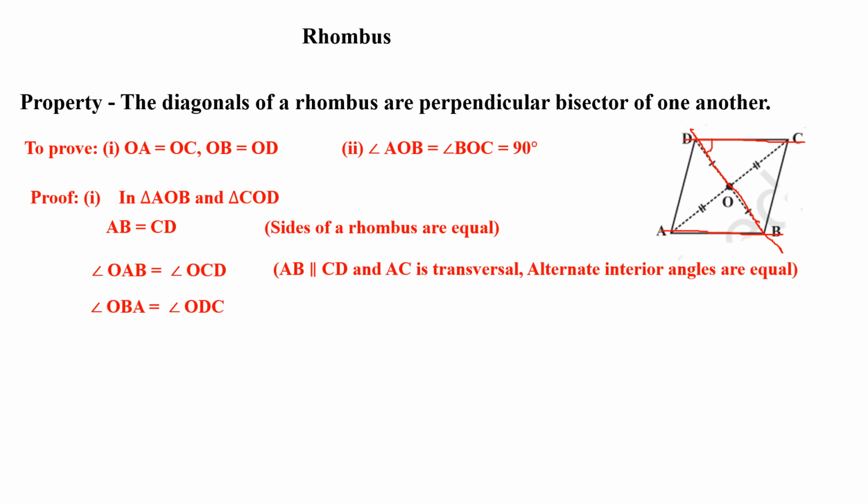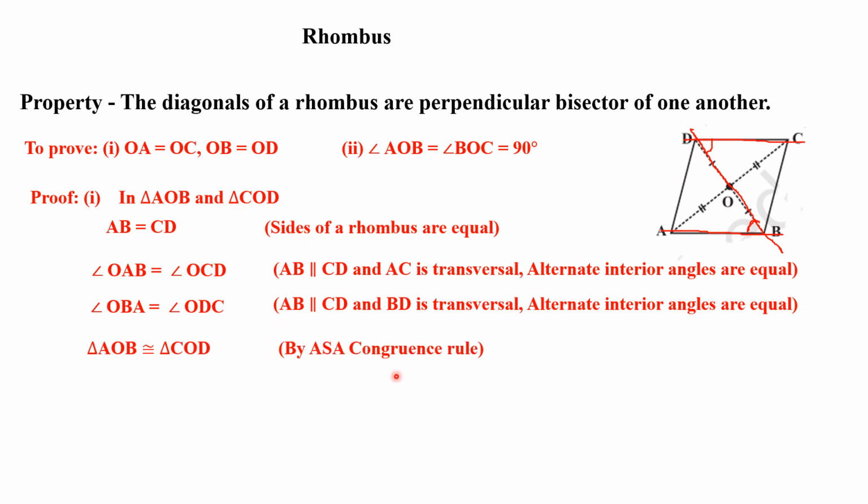This angle and this angle will again form alternate interior angles. So they will be equal. So I have got my three criteria. With the help of this, I can show that triangle AOB and triangle COD are congruent. And the congruency criteria will be the ASA congruency rule, angle, side and angle.